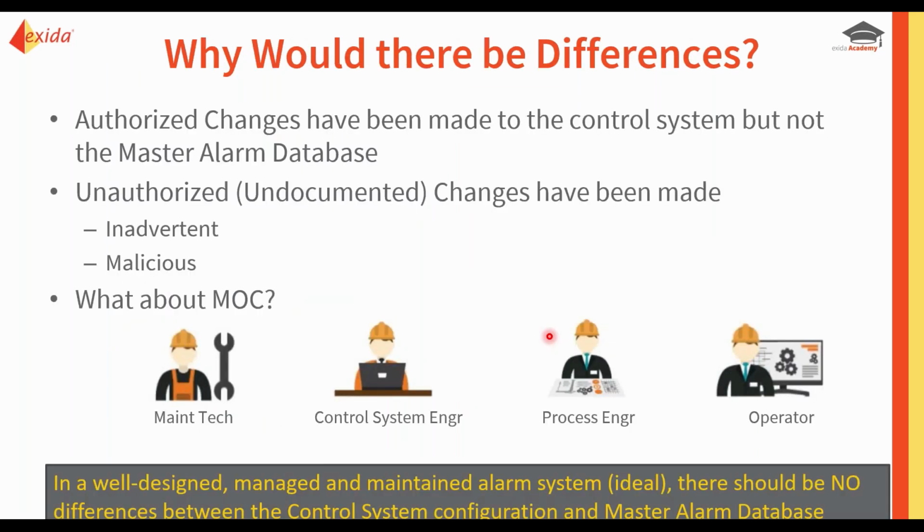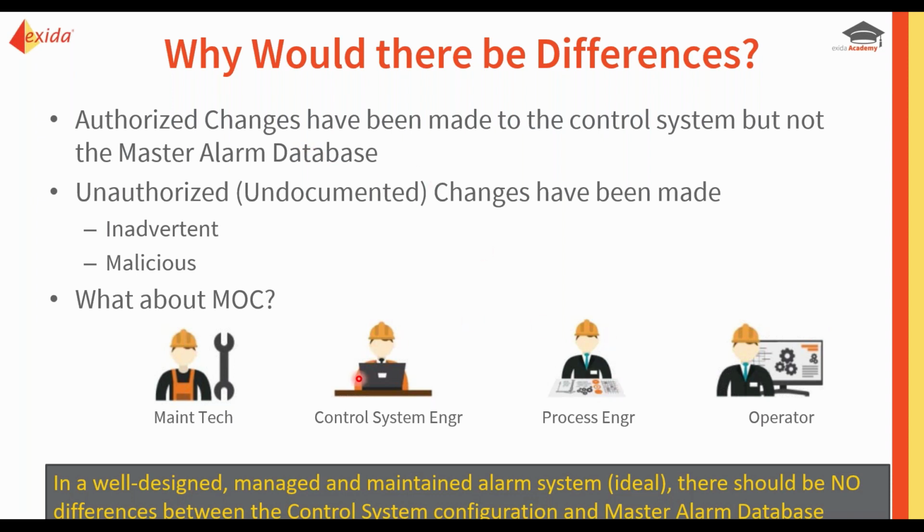So how do we get these differences in the system? Well, there's really two different types of differences. There's authorized changes and unauthorized changes. What do we mean by an authorized change, or how could an authorized change occur? Well, authorized implies that you've gone through your management of change process and got review and authorization to make the change.